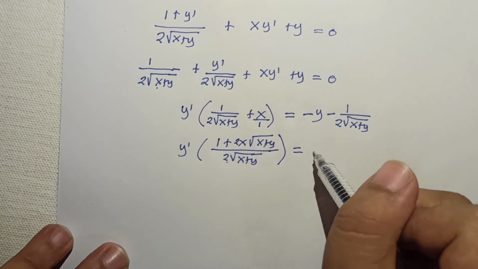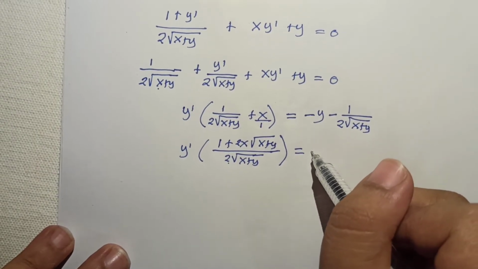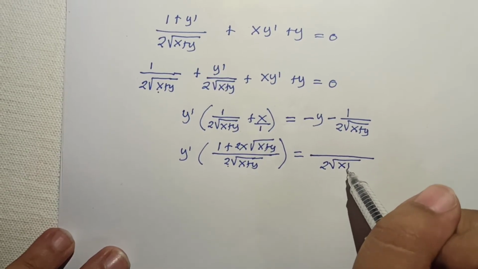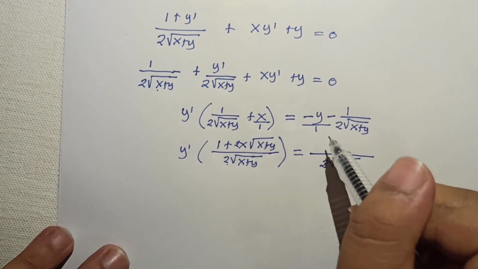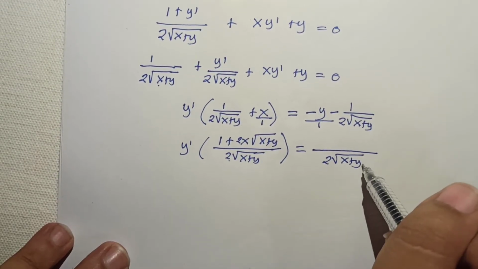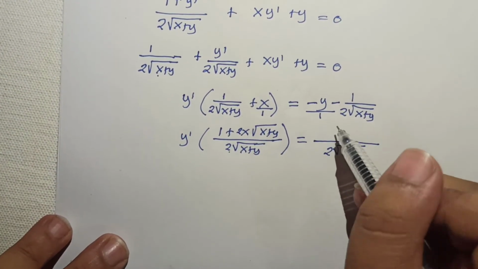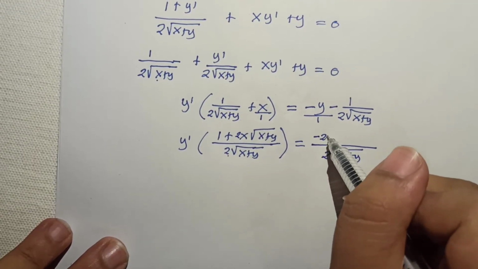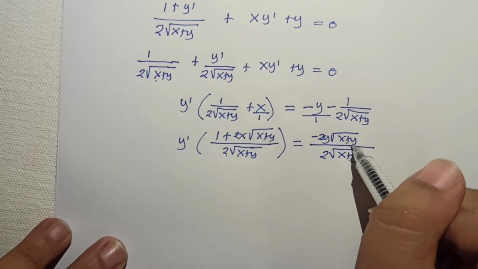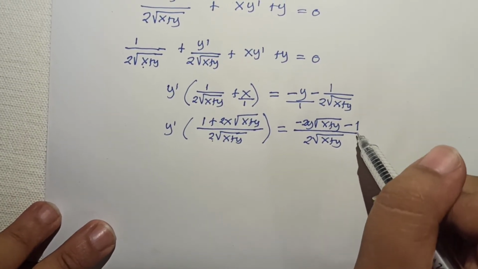And we need to simplify also this one. So this is 2 square root of x plus y, and understood, we have 1 here. So 2 square root of x plus y divided by 1 times this negative y. The result is negative 2y square root of x plus y minus 1.